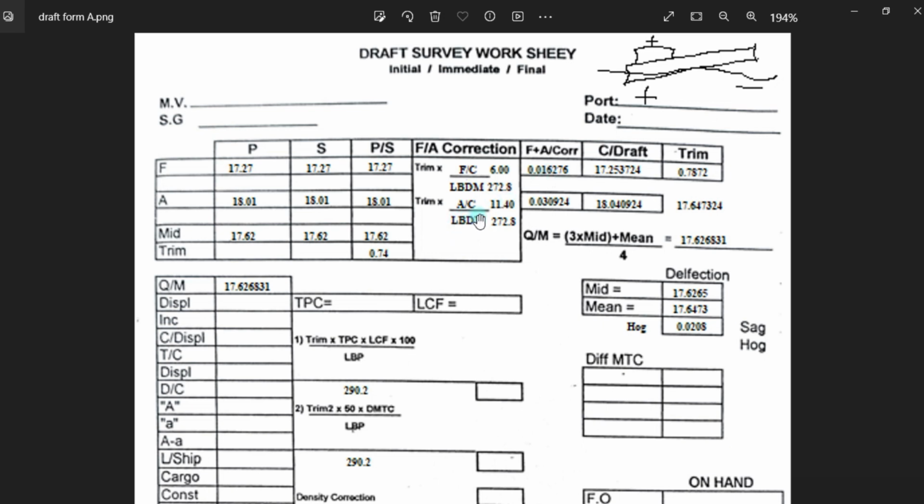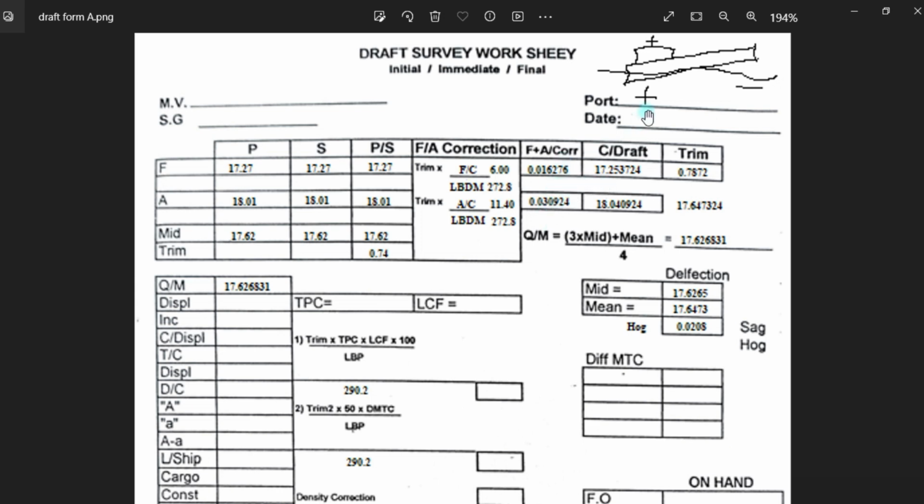And the up correction will be your trim multiplied by your up correction, which is 11.40, over length between marks, 272.8. The answer will be 0.030924.